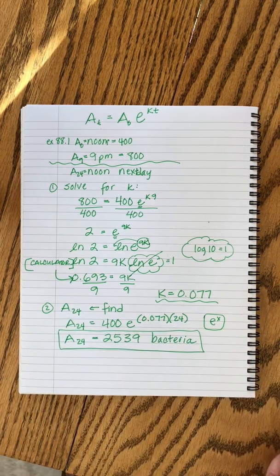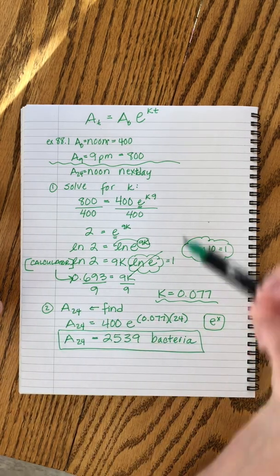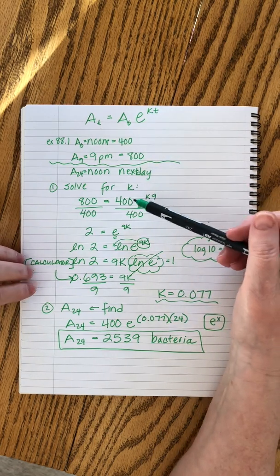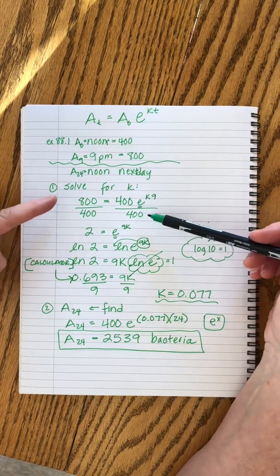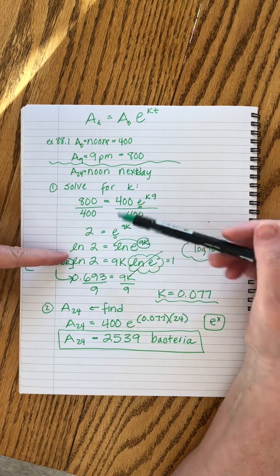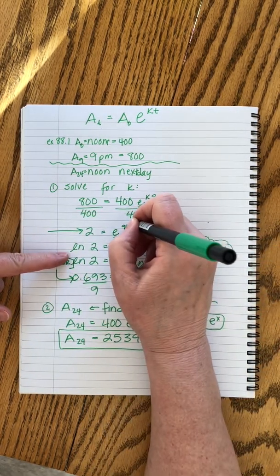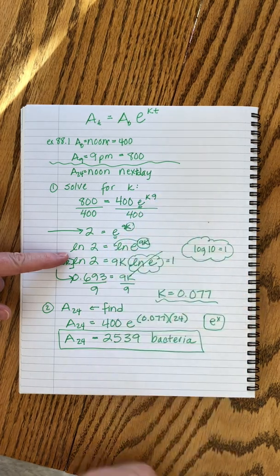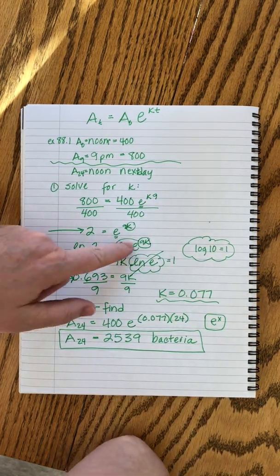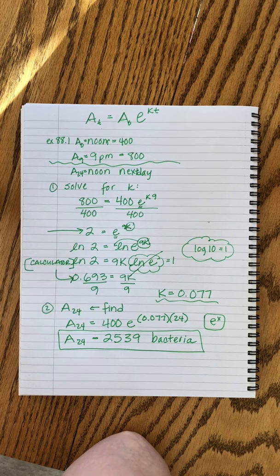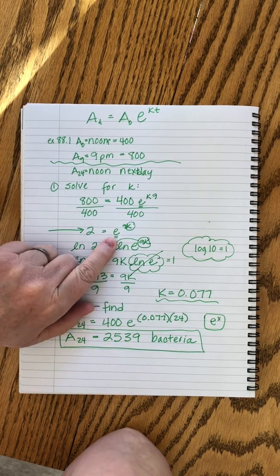Yay. Okay? So in this case, the equation's a little crazy, but we set it up, we solved for k, and we used logarithms right here because at this point we had an equation with a variable in the exponent, and we can't live with that. So we took the natural log of both sides. We knew to use the natural log because the base is e.